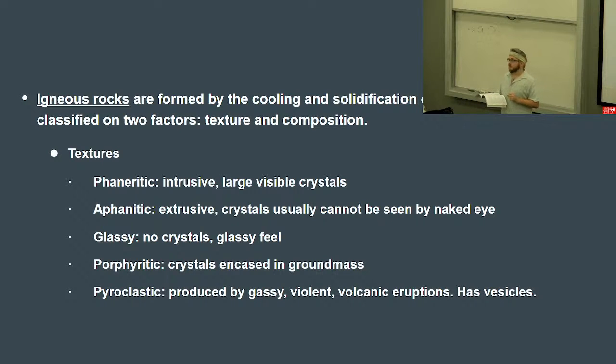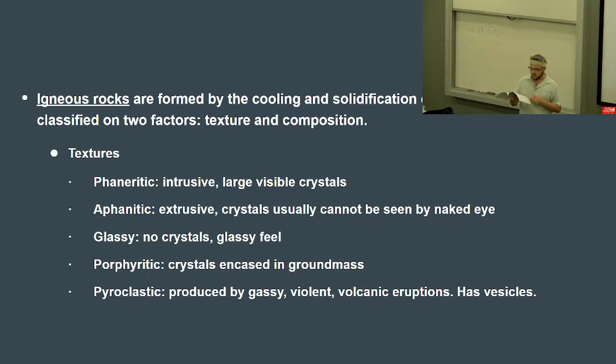The crystals that form at a higher temperature start to cool and form larger crystals, and then you go down the line to other crystals that melt at a lower temperature. This partially crystallized or partially molten magma, when extruded, begins to cool rapidly.